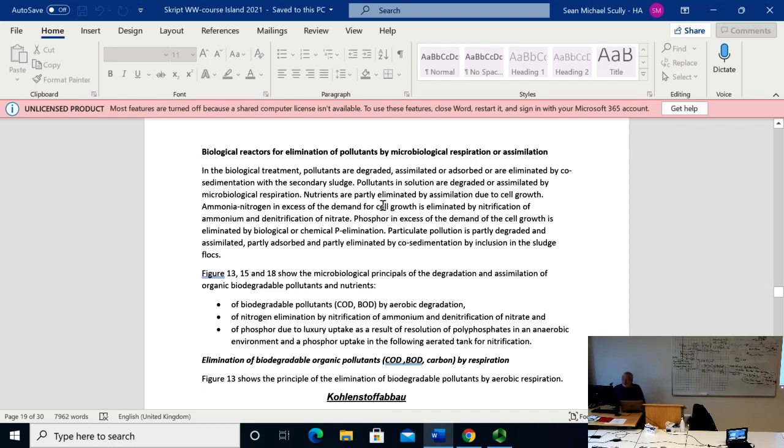No? Nutrients are partly eliminated by absorption, by assimilation due to cell growth. Ammonia and phosphates are not really, there's no way they can be absorbed or anything like that, no? Because they are very good in solution. Especially in the inflow, the nitrogen is in the form of ammonia, and ammonia is very good in solution. You just don't get it out, no? So it's 100%.